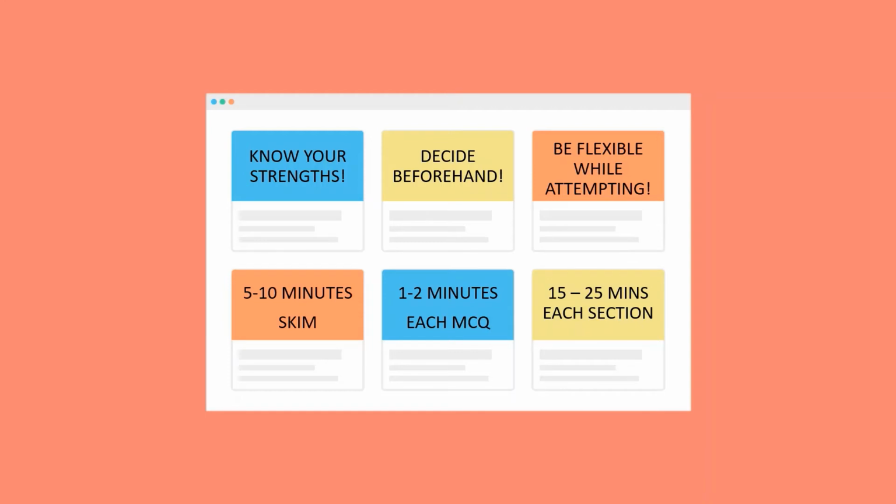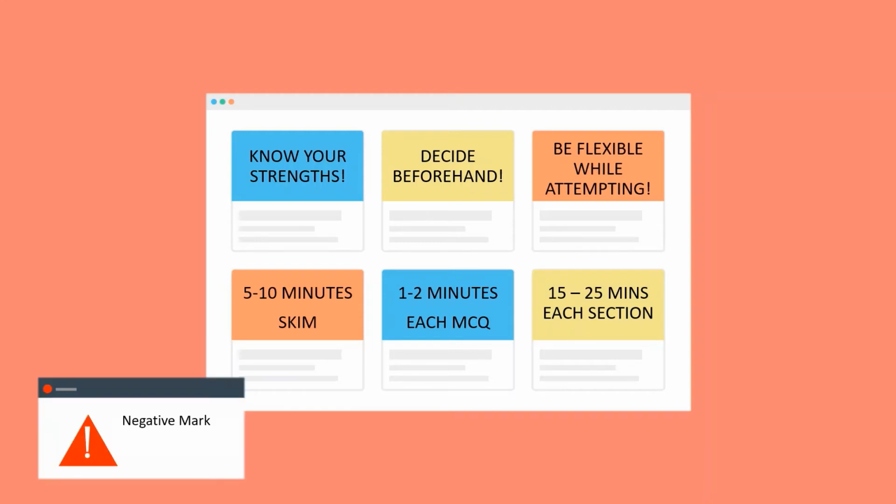But mind that there is negative marking in this test. That is, 0.25 marks will be deducted each time you answer a question wrong. Now, although in other tests, for example the SPA SSC entry test, there is negative marking as well, the impact of that negative marking is low relative to the Aga Khan University entry test.